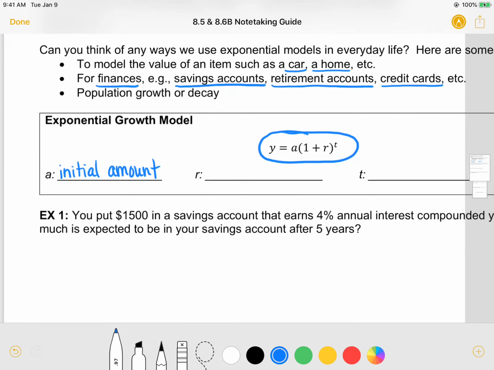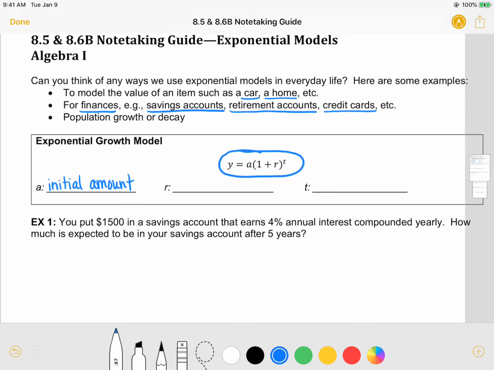And then R is going to represent the growth or decay rate. It's the rate, whether it's growth or decay, and that's normally going to be a percentage, okay? So you want to make sure that you change that percentage into a decimal when you plug that into your equation. And then T is going to represent time. So over time, will my money grow or will it decay in my savings account?